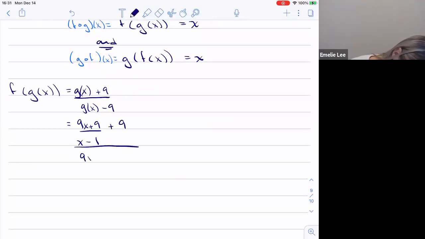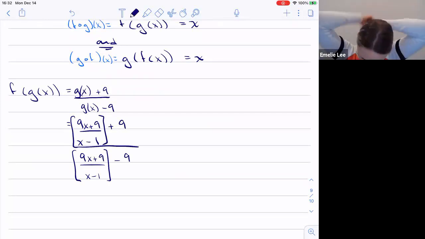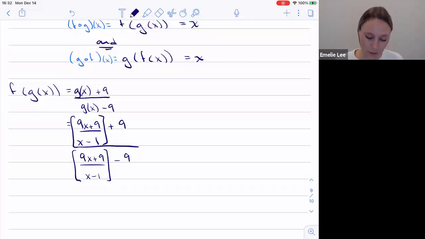Plus 9 over 9x plus 9 over x minus 1 minus 9. And you know what? I'm going to throw some big brackets around this g of x just so I can see where I put things. Now, what we need to remember is I have a fraction here. So just talking about the numerator, if I have a fraction plus a number, I have to convert that into a fraction with a common denominator. So I'm going to multiply this side by x minus 1 and then have it over that common denominator of x minus 1.